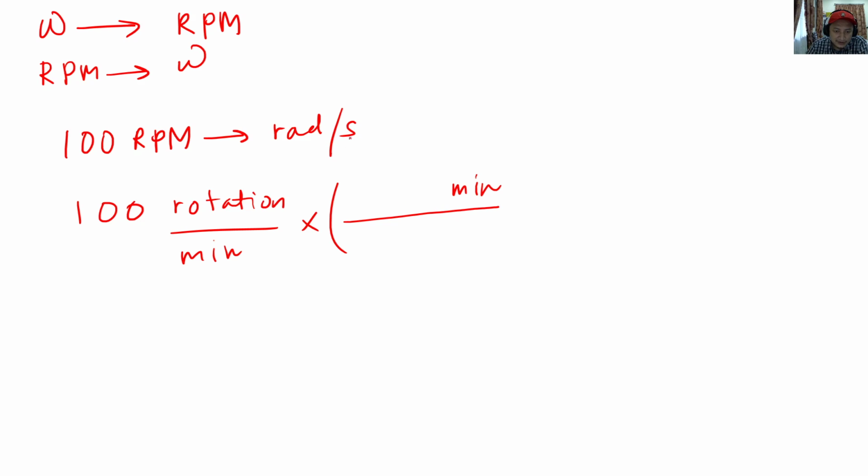You want to convert to second, so you gotta put second below. What do you multiply that does not change the original value? You need to multiply by 1. So 1 minute is equivalent to 60 seconds. This does not change the value, because in every 1 minute there is 60 seconds, so this becomes 1.